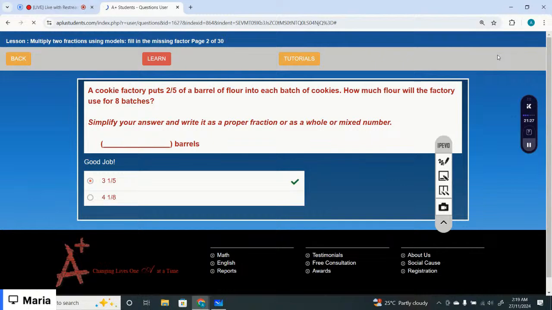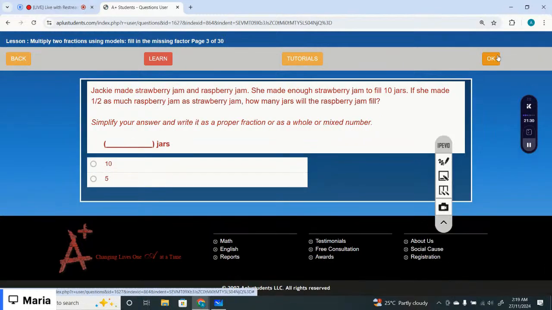Okay, the next one is Jackie had strawberry jam and raspberry jam. She made enough strawberry jam to fill 10 jars. If she made half as much raspberry jam as strawberry jam, how many jars will the raspberry jam fill? Which is the correct option?